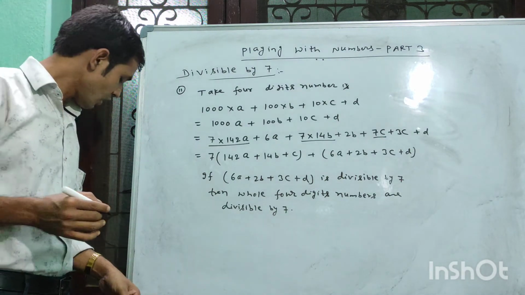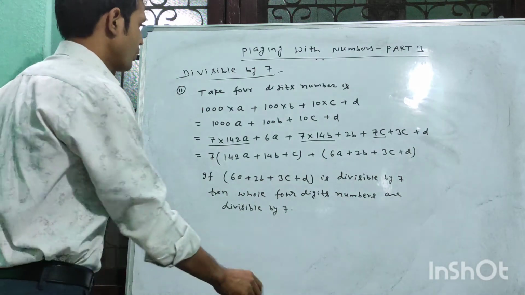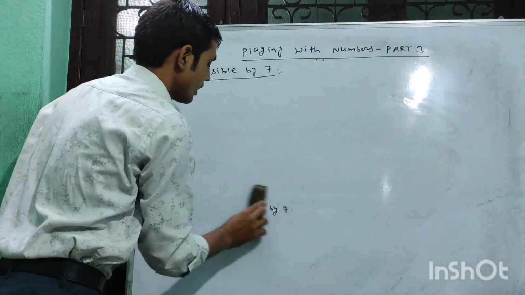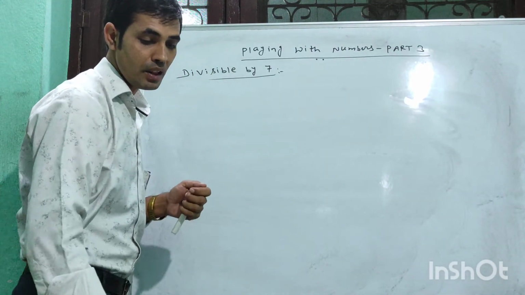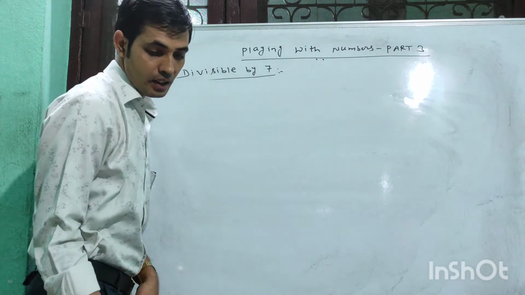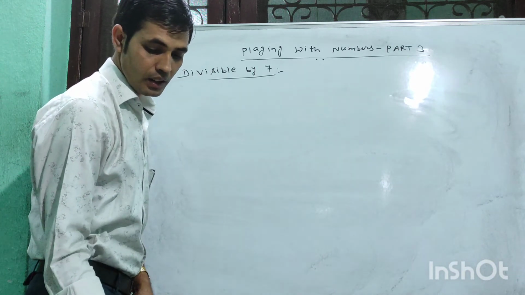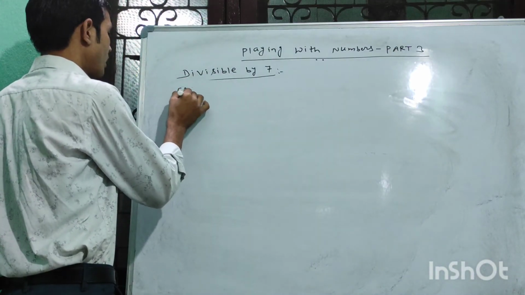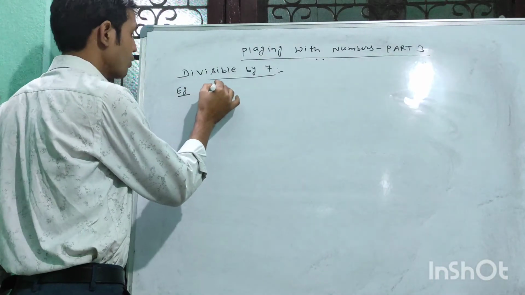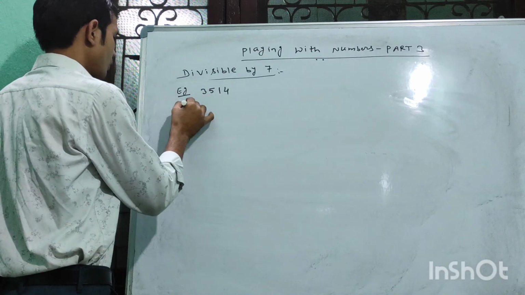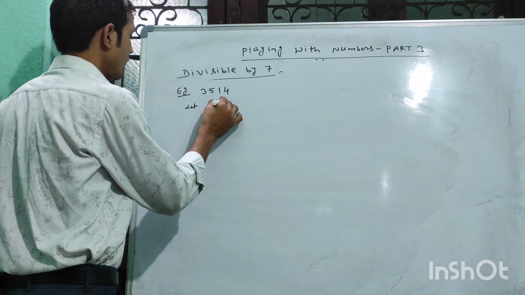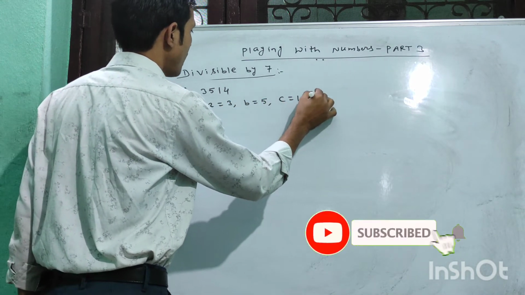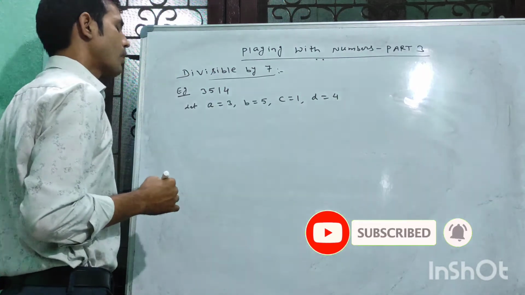All of you take the screenshot, and then we will take one example. Take a 4-digit number, suppose 3514. Consider A equal to 3, B equal to 5, C equal to 1, D equal to 4.